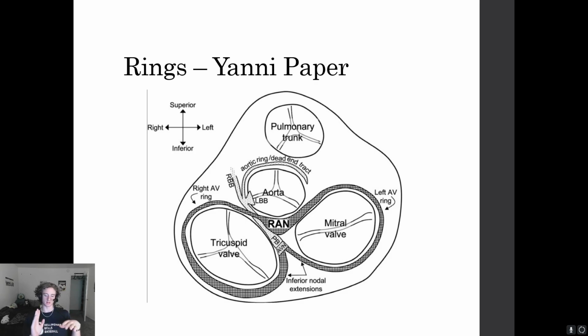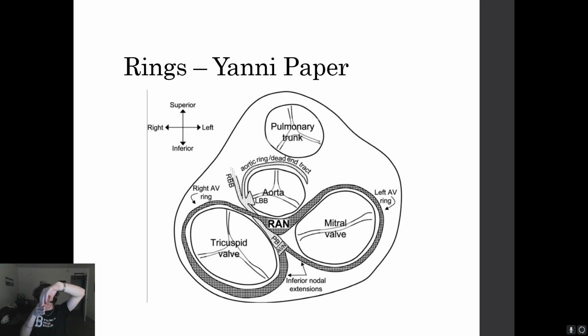So as the ventricle and the atria, their myocardiums come together, the compact node forms at the inferior end of the transition. How can I say this in a way that makes it a little bit easier? There's a transition of the primary ring from the ventricle to the atrium, right? There's a transition of that primary ring.